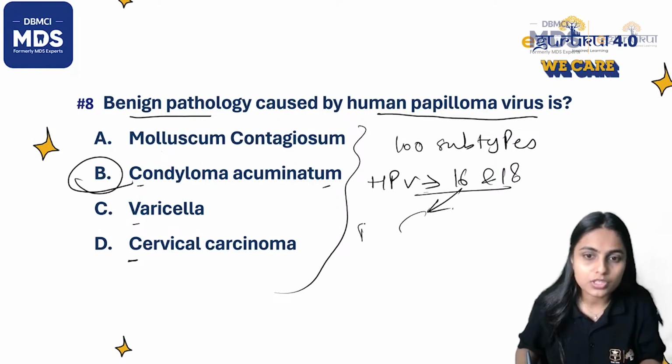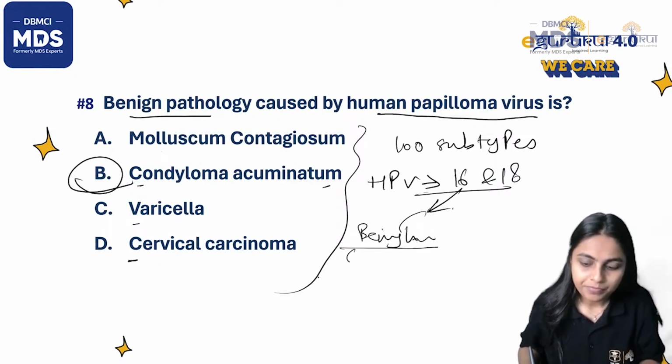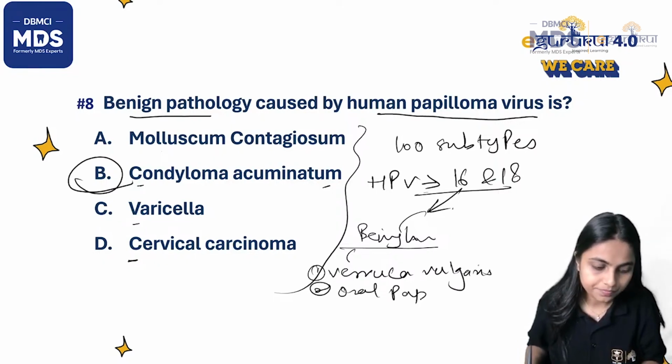But the benign pathologies caused by this human papilloma virus are, first, verruca vulgaris. Second, oral papilloma.